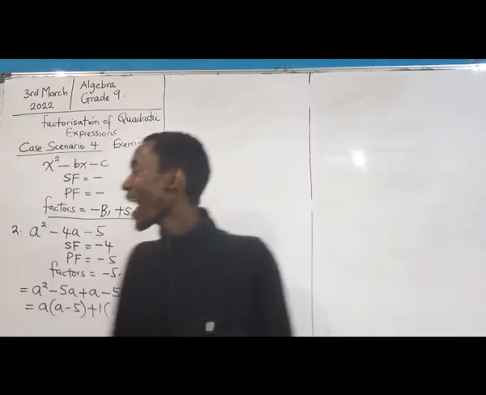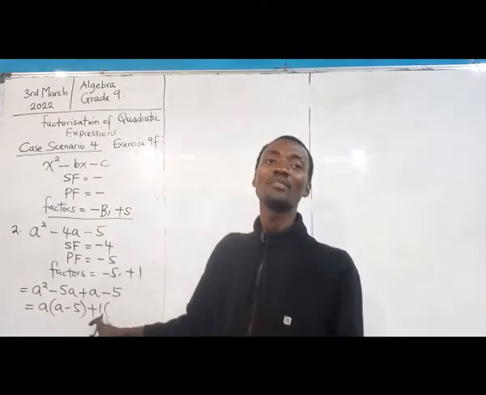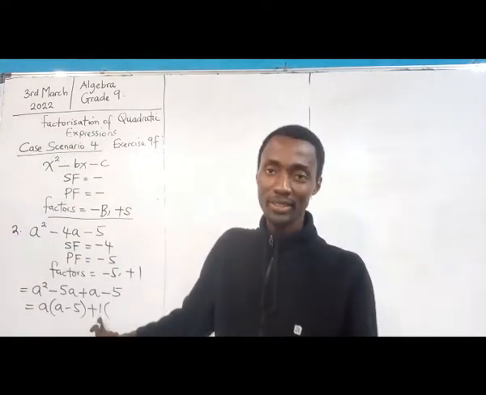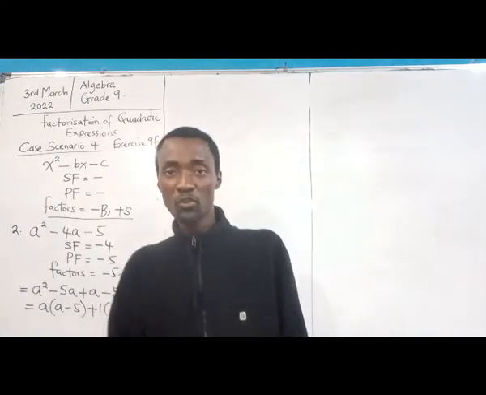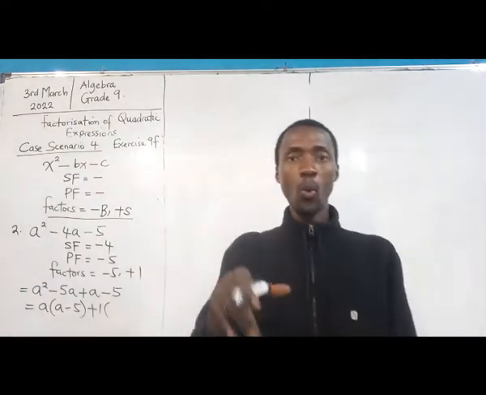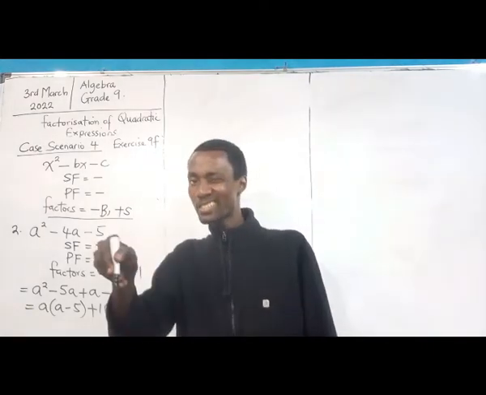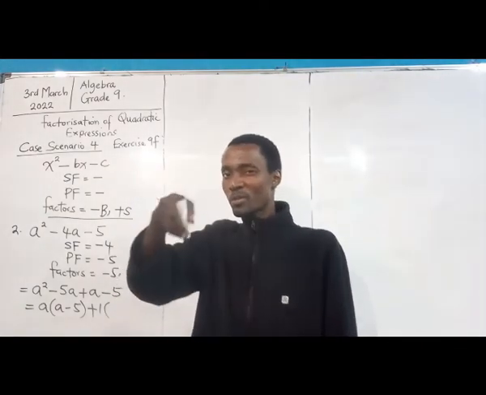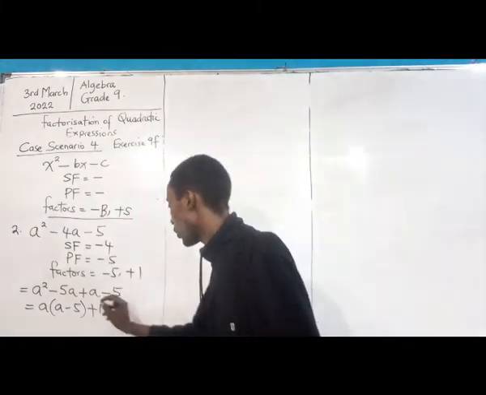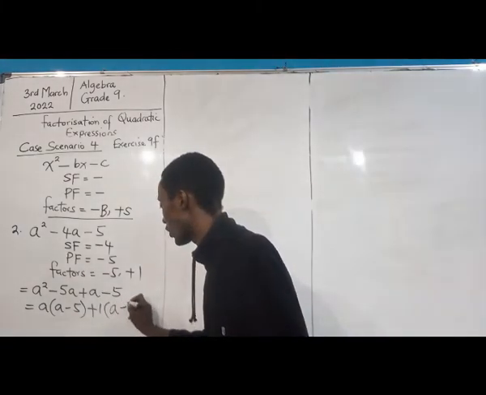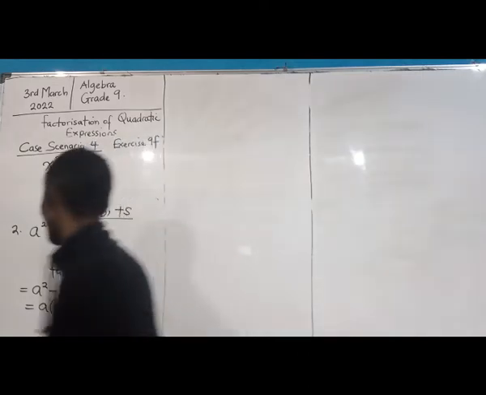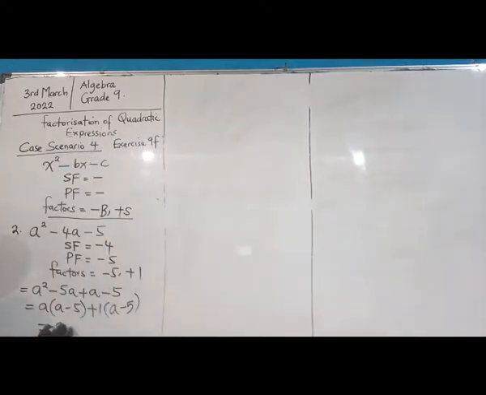Now, where there exists no factor, there must be a factor of 1. Can we take that? Where there exists no factor, there must be a factor of 1. Let's write that one down. So that will be 1 into what? A minus 5. And with that, this will now give us a minus 5 into a plus 1.